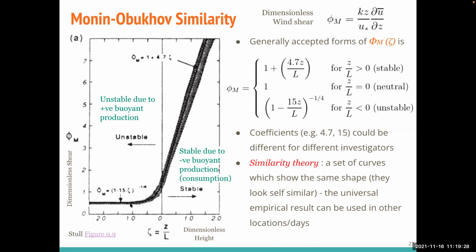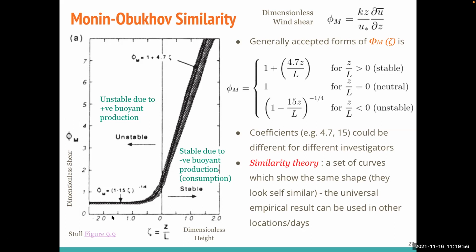It must have some meaning. It's not coming purely from theory, not from something like Newton's second law, but it's something that we found in observations. So boundary layer meteorology cannot live without observations. We have different profiles coming from curve fitting. So how do we interpret this? It has some meaning.